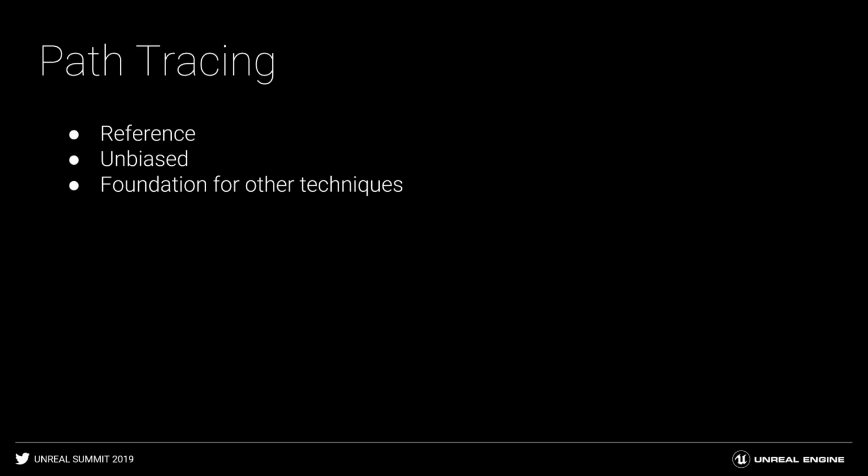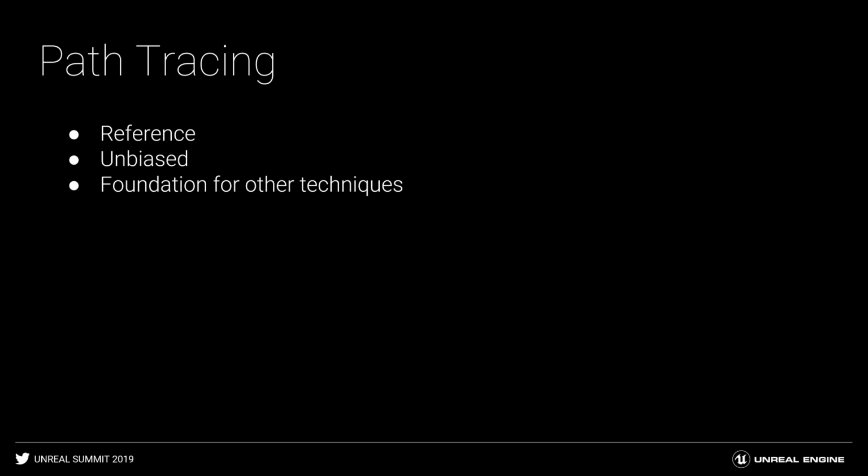All right. And then the last major feature that we added for 4.22 is a reference path tracer in the engine. This is an unbiased path tracer that's meant to be used as a ground truth. It's designed mainly as a reference for graphics engineers.